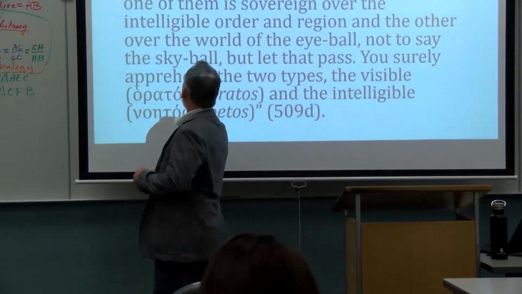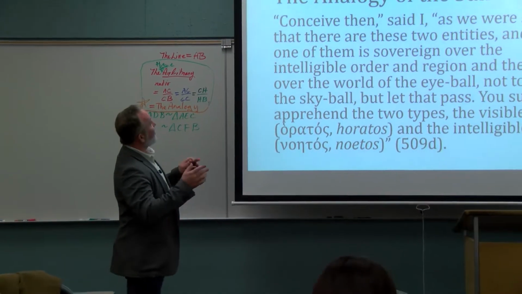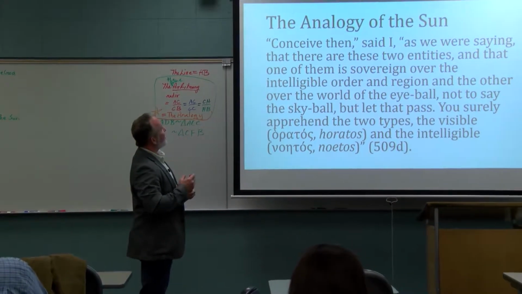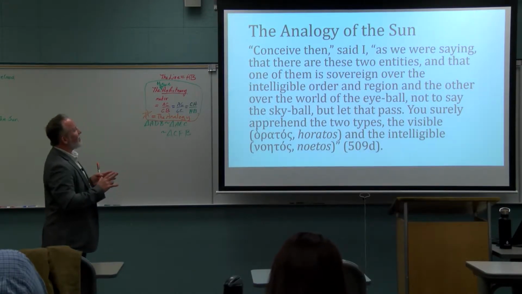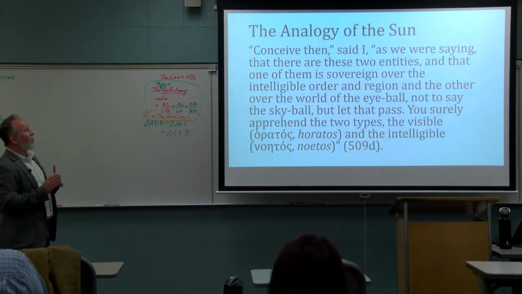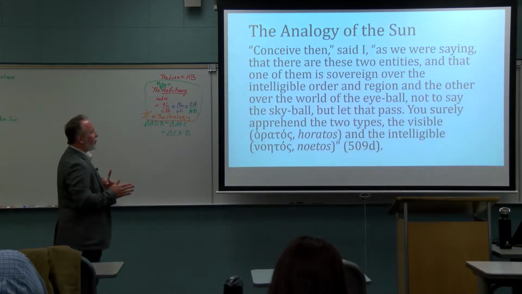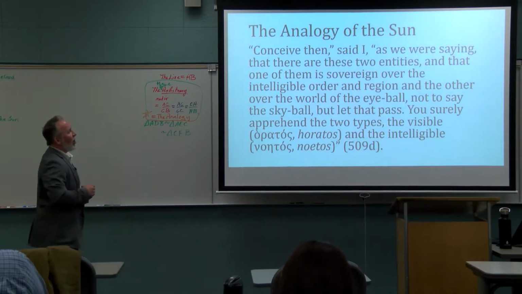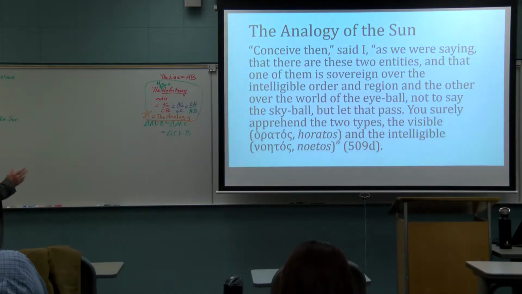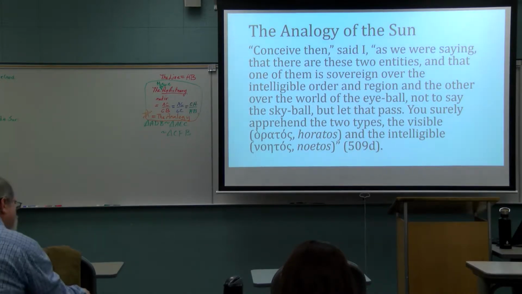All right, so continuing the analogy of the sun, Socrates says, conceive then, as we were saying, that there are these two entities, and that one of them is sovereign over the intelligible order, and the other over the world of the eyeball, not to say the sky ball. You surely apprehend the two types, the visible and the intelligible.